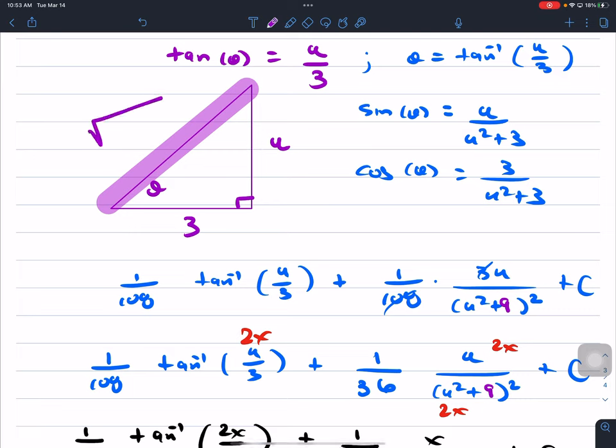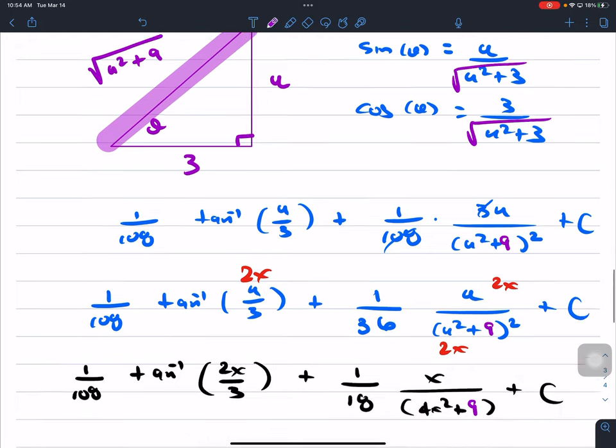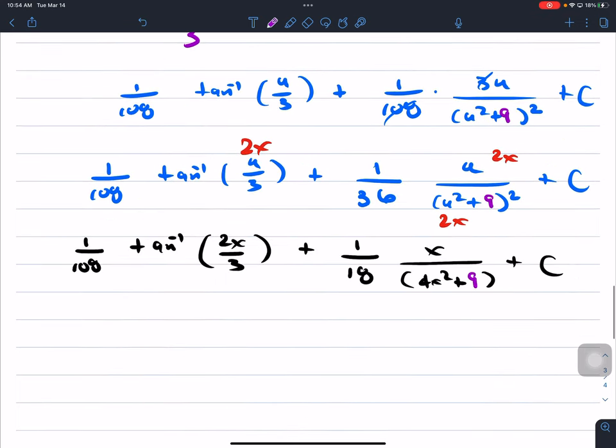Is that square root of u squared plus 9? So you've got the square root here, and so go put the square root here, and that's 9. Square root, and that's 9. So now it just reduces the power, right? And there you go, 4x squared plus 9.